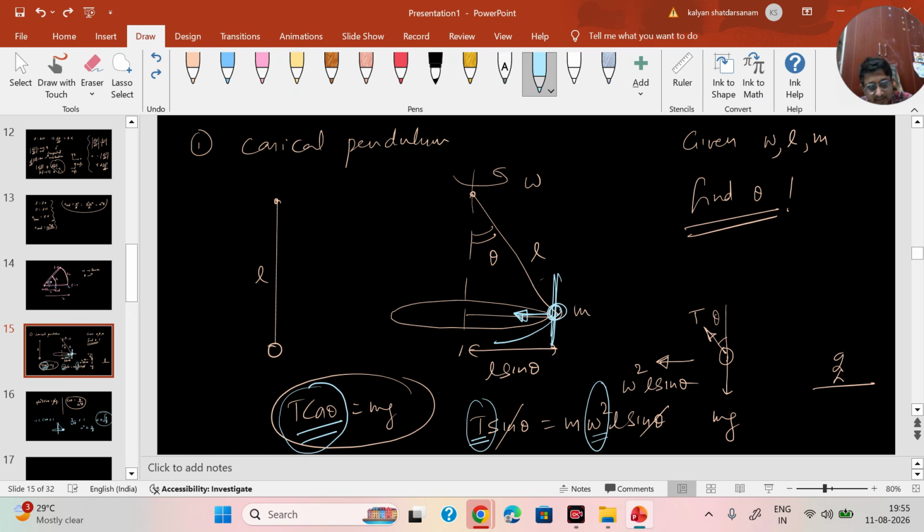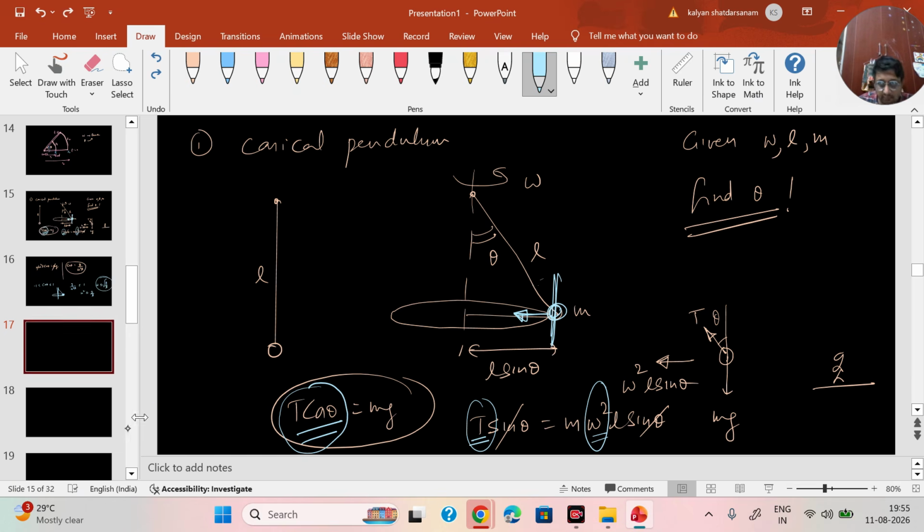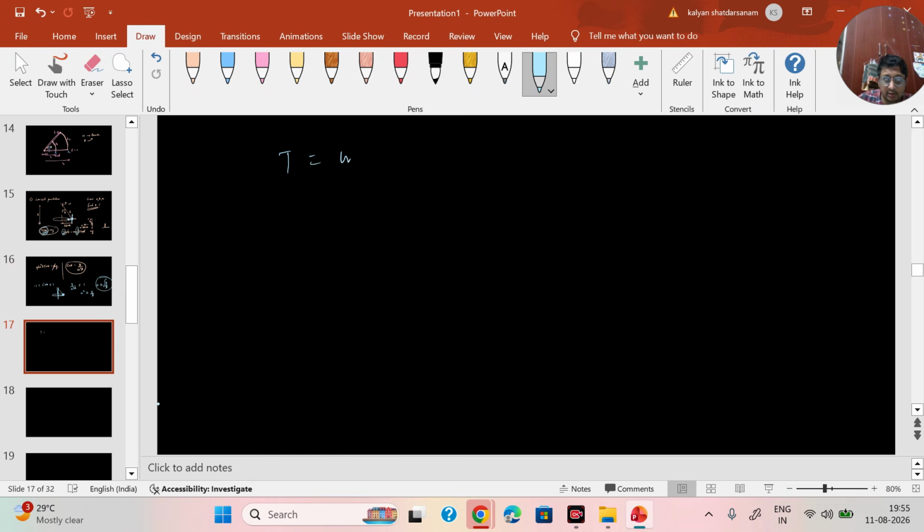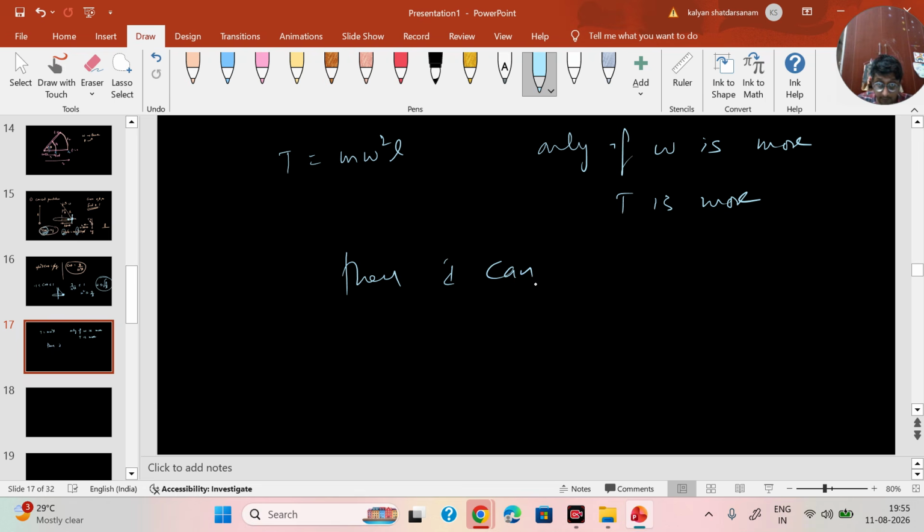You see this logic. Once again, let me go back to the equations. You got T equal to m omega square L. Only if omega is more, then I can hope that part of T, that is T cos theta, can balance mg.